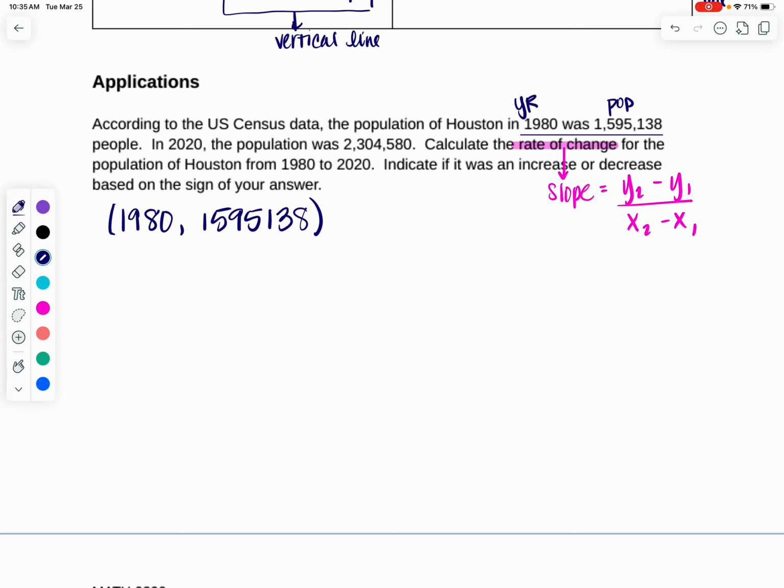Then I have another set of data right here with a year and a population. So my next point is going to be 2020 and 2,304,580. Well, now I have an x and a y and an x and a y.